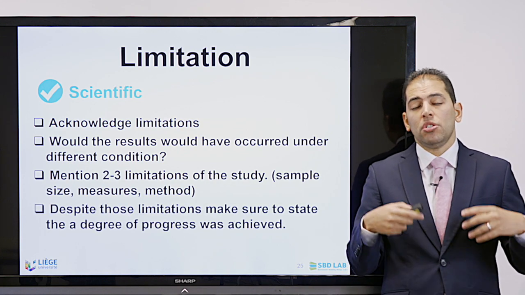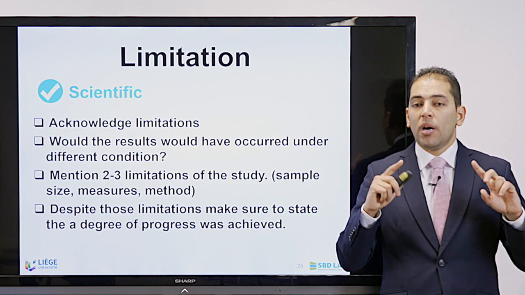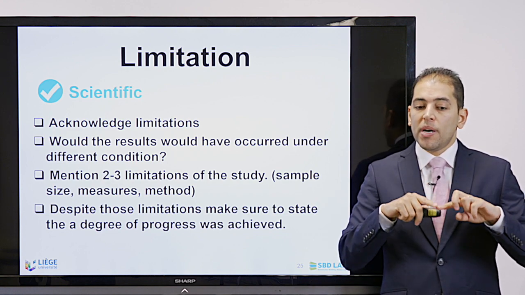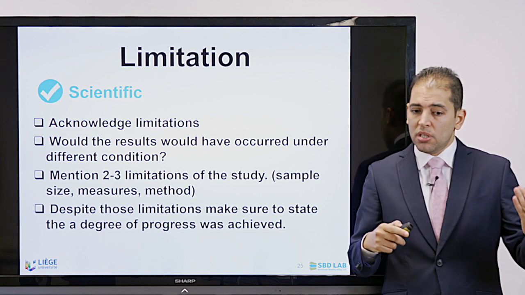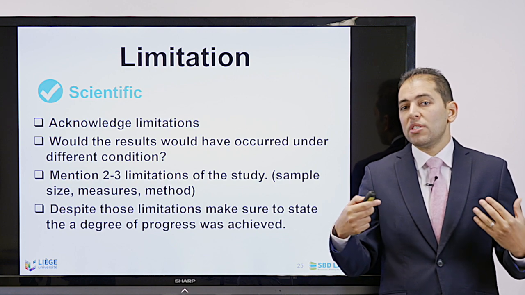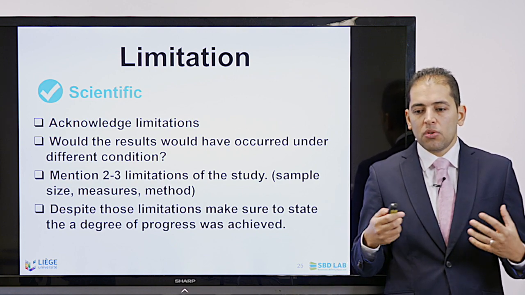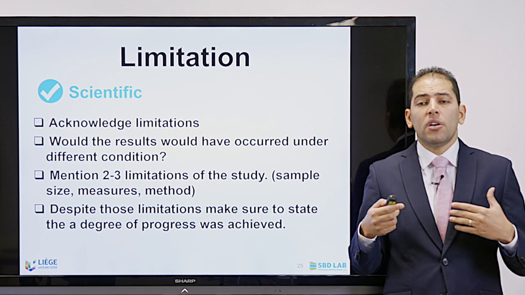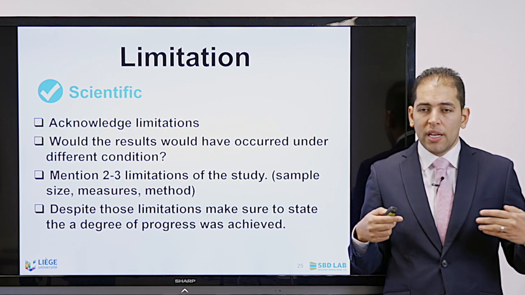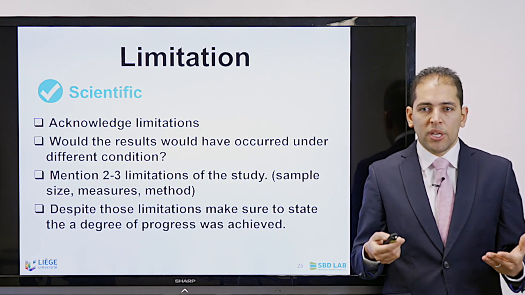Despite those limitations, you need to always wrap up your limitation paragraph by being positive. You need to state the degree of progress that was achieved in your work, because you don't need to be a perfectionist or torture yourself. Regardless of whatever you did and regardless of the limitations, you need to trust in yourself and trust that your work is bringing a contribution.